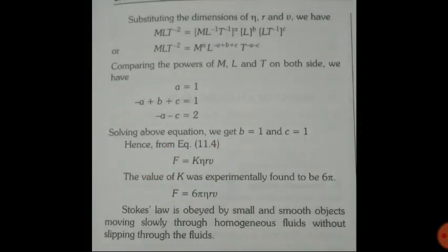That is called a homogeneous fluid, and the object should move without slipping through the fluid. That means it should go through the fluid only and should not touch the surface of the container or something like that. It should pass through the homogeneous fluid only.